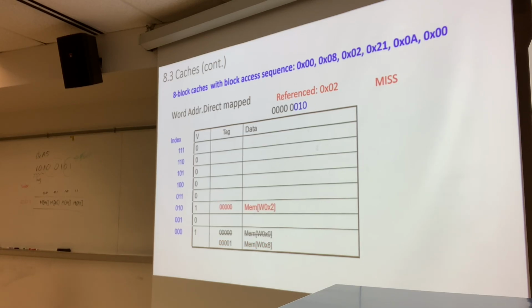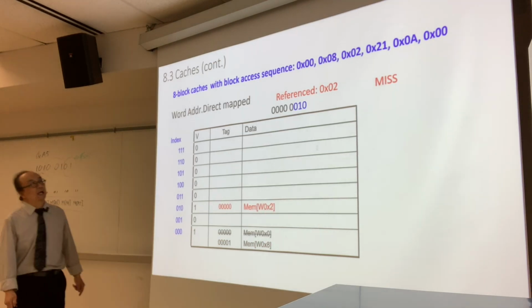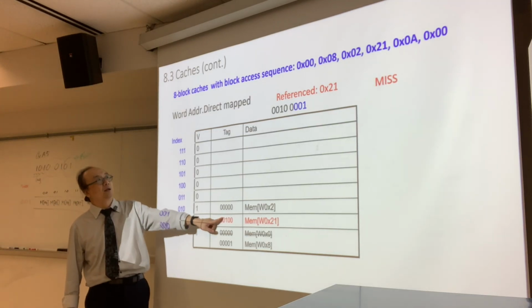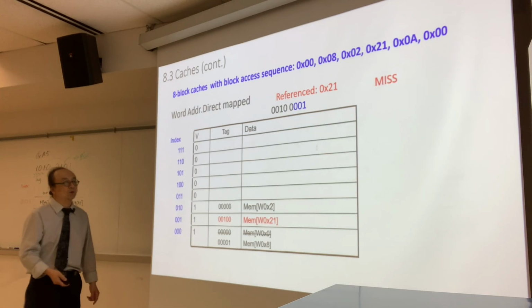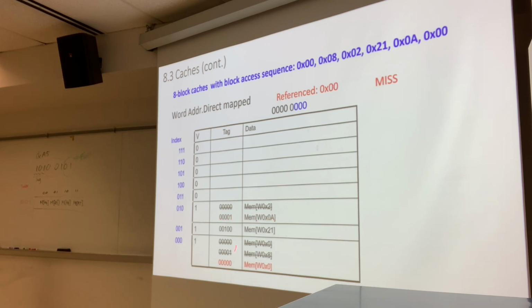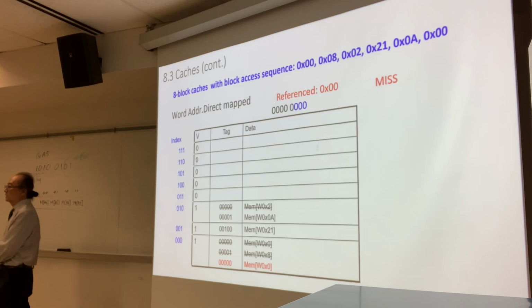Then 2 is right there, and then 21 is right there. 001 is an index. Then A is the same place, we have to replace it, still a miss. And finally 0, let's replace, it's a miss again. So when we say word addressing, you just need to look at the lower bits for the index values.